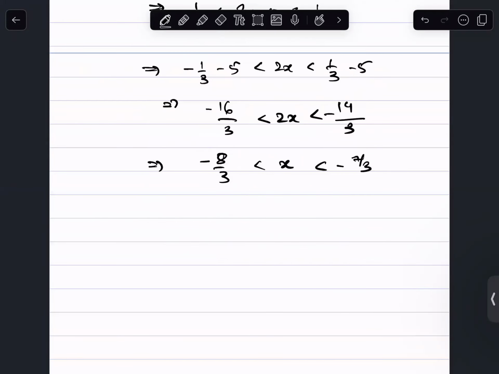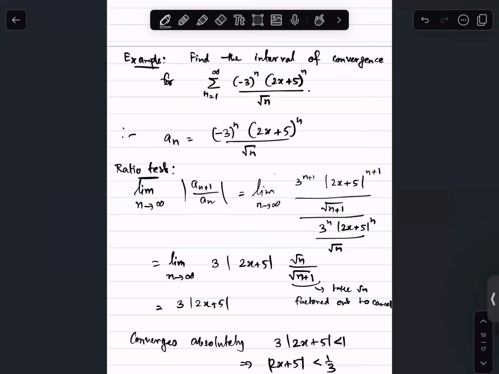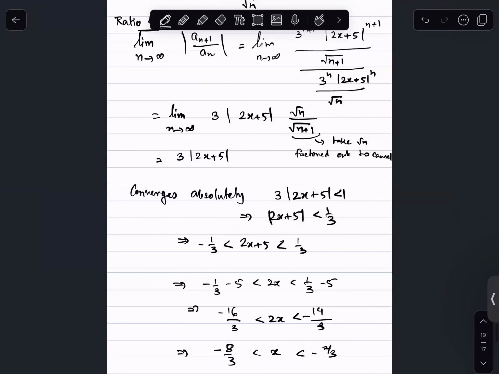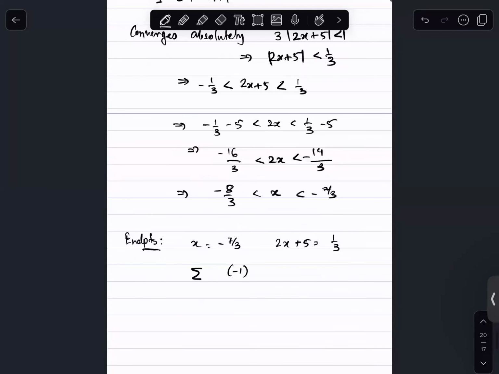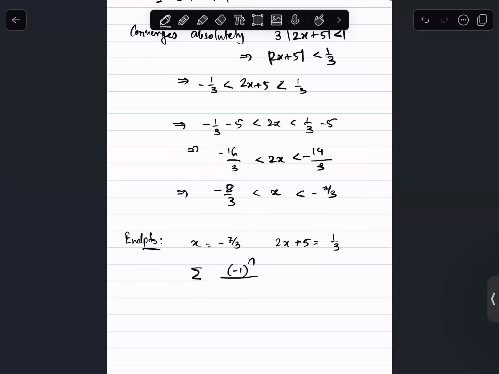Okay. So now I have to look at endpoints. For endpoints, when my x is minus 7 over 3, my 2x plus 5 will be 1/3. So the series will be the sum of (-1)^n over square root n, from n equals 1 to infinity.